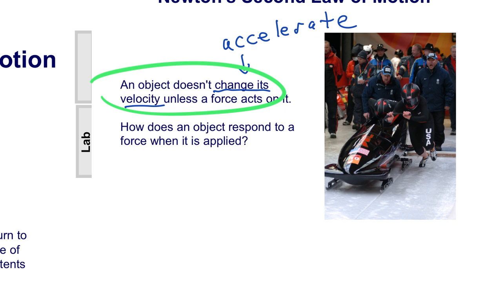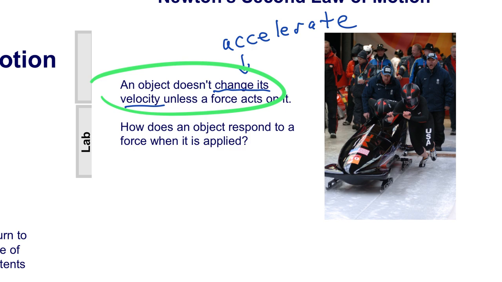In order to accelerate, you need a net force on you to accelerate you. In this case, I guess these guys in this luge, this sled, have to be pushed at first to get them to move. Okay, they have to have this team right here pushing them.